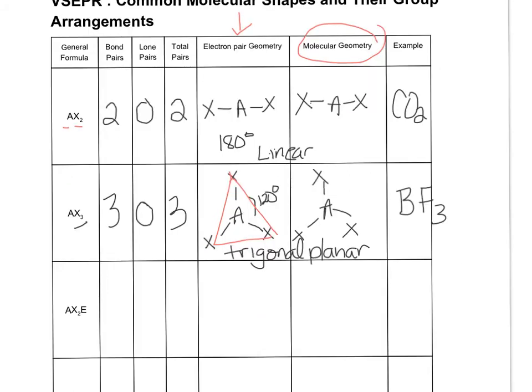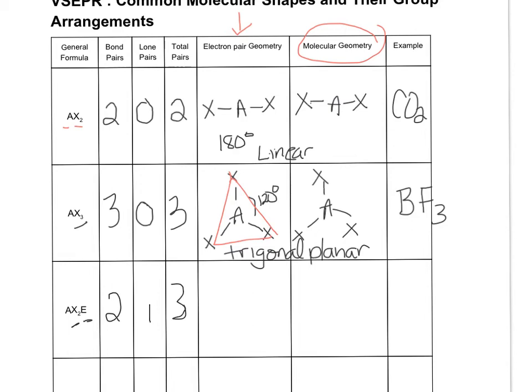Next example I'll do is AX2E, and then I'm going to go back to just doing the ones with no lone electron pairs. So this one, we've got a central atom, it's got 2 atoms bonded to it and a lone pair. So it's got 2 bonding pairs, 1 lone pair for a total of 3.